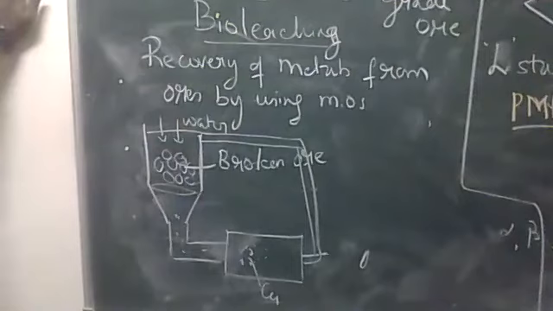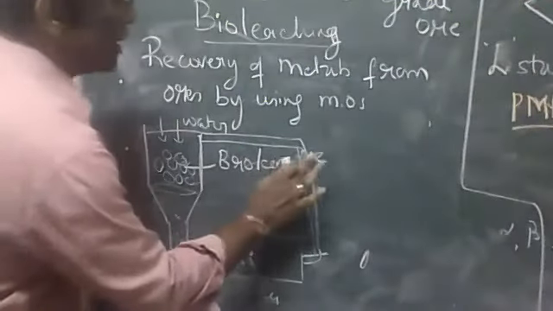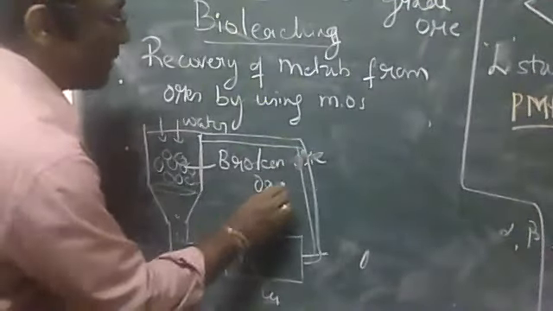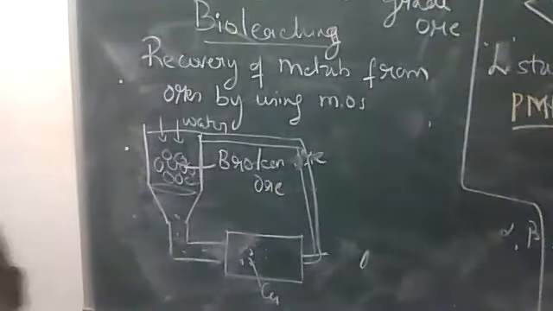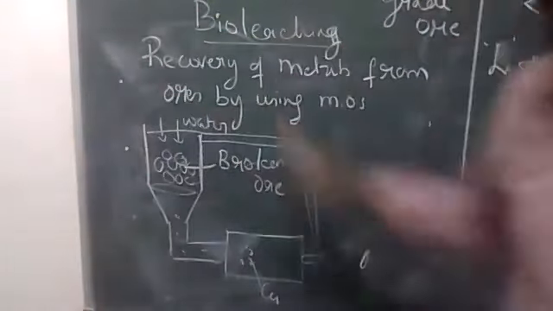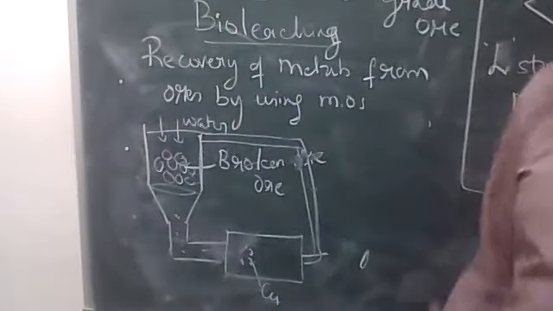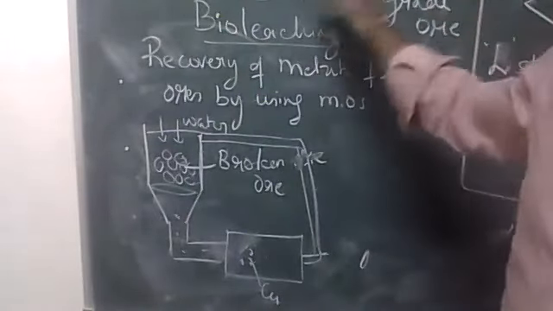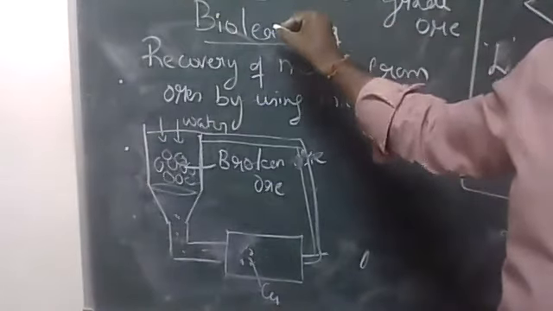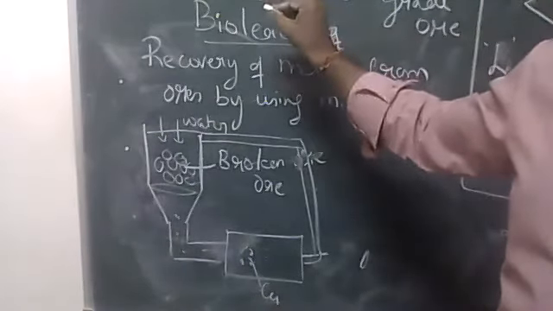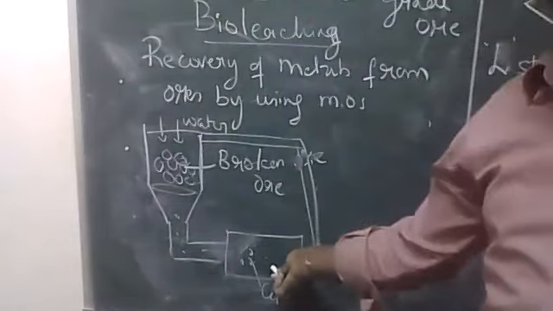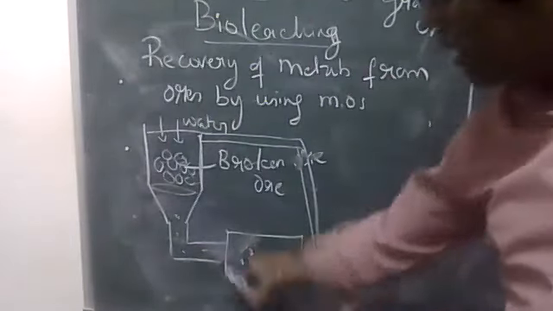So this is the bioleaching process with broken ore particles. This is an application. You will be studying this again in your final year. But try to understand why I am talking about this. Whenever a bacteria uses iron, the copper or gold or whichever metal is there becomes free and settles down.